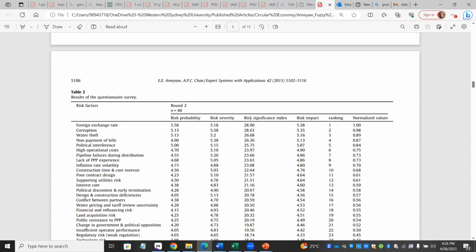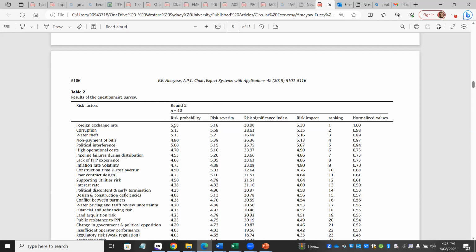But to get one risk score for each of the factors, you need to get what we call risk impact. In fact, other studies call risk impact the risk score. So in case you come across risk score, it's also acceptable. We just want to get one risk score for the probability of occurrence and the severity. So how do you get that?